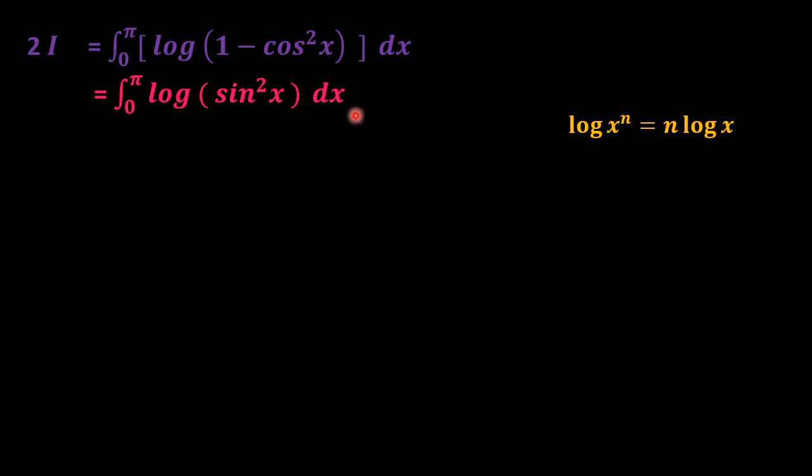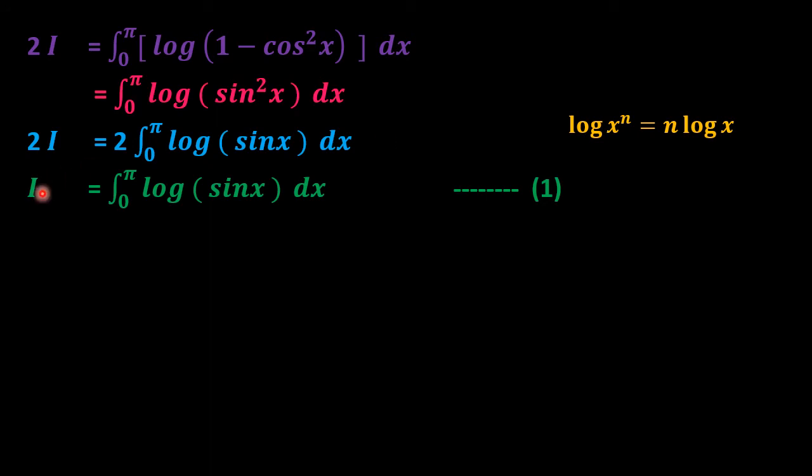So this will get modified as 2 integration from 0 to pi log sin x dx. And this 2 and 2 will get cancelled. So that I equals integration from 0 to pi log sin x dx.